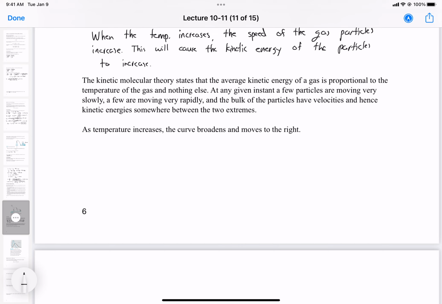If we think a little more specifically, at a given instant, a few particles are moving very slowly and a few are moving very rapidly. But the bulk of the particles will have velocities, and hence kinetic energies, somewhere in between the two extremes. I'll show you what I mean.